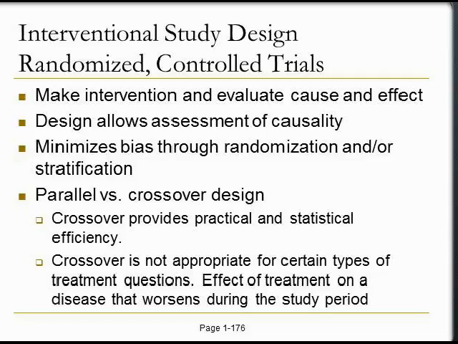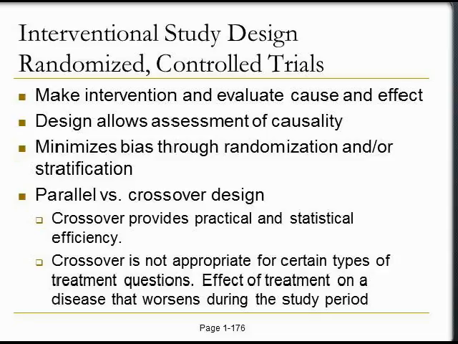As opposed to a parallel design, in which we have one group that receives drug X and another group that receives drug Y. There are certain situations, though, where a crossover design is not appropriate. Consider diseases that change over time. A common disease that I'm familiar with in the literature that I read, heart failure, changes with time, right?